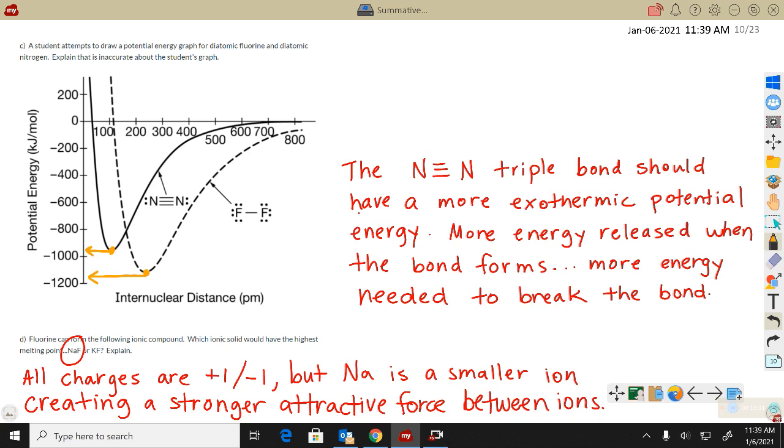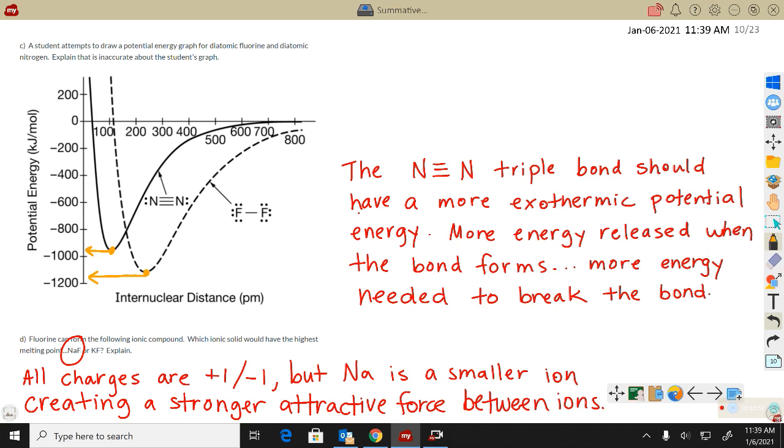That's technically energy released when the bond forms. But if I make it a positive, it's the amount of energy I need to break the bond. That triple bond should be stronger. And so more energy should be needed to break a triple bond versus a single bond. So the trough should just be lower for the N2 molecule, not the F2 molecule.